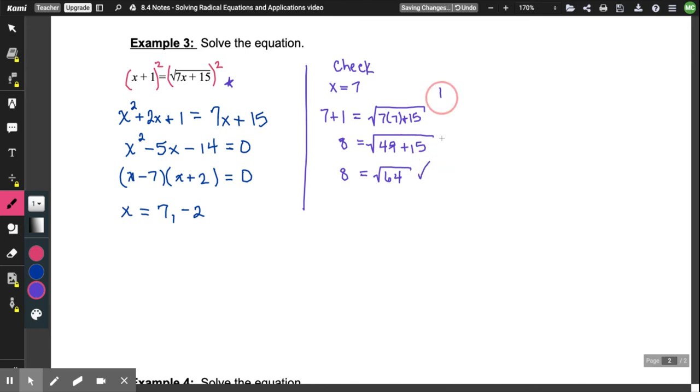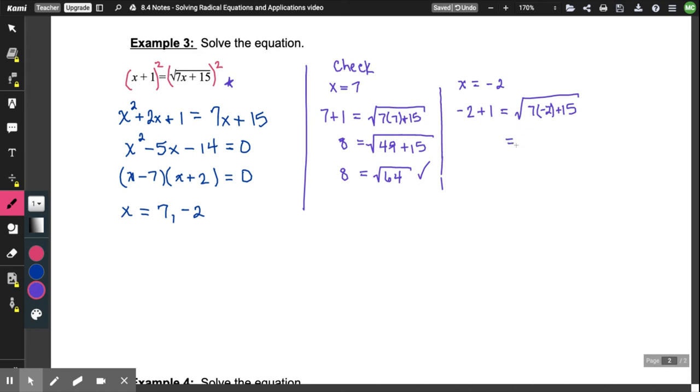Now I'll check my other apparent solution. So I've got x is negative 2. So I'm putting a negative 2 in place of all the x's in the original equation. So I would say negative 2 plus 1 is equal to the square root of 7 times negative 2 plus 15.